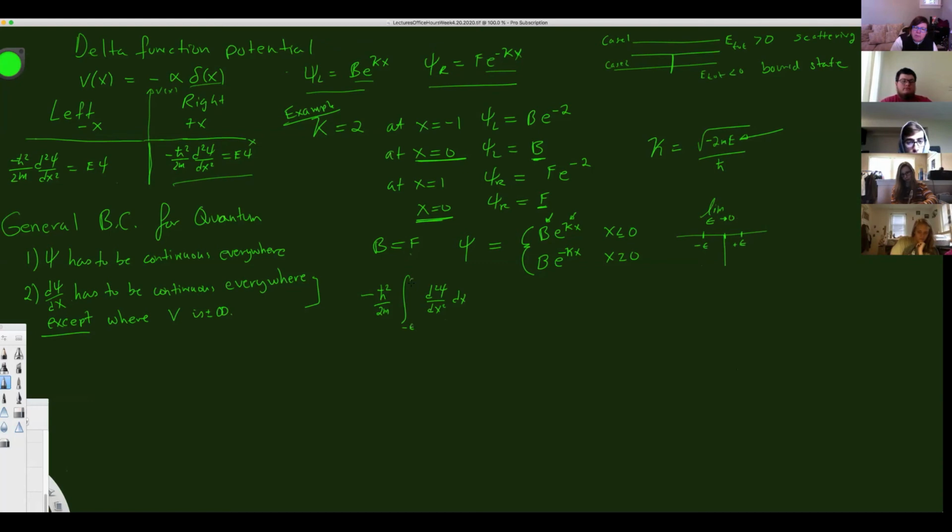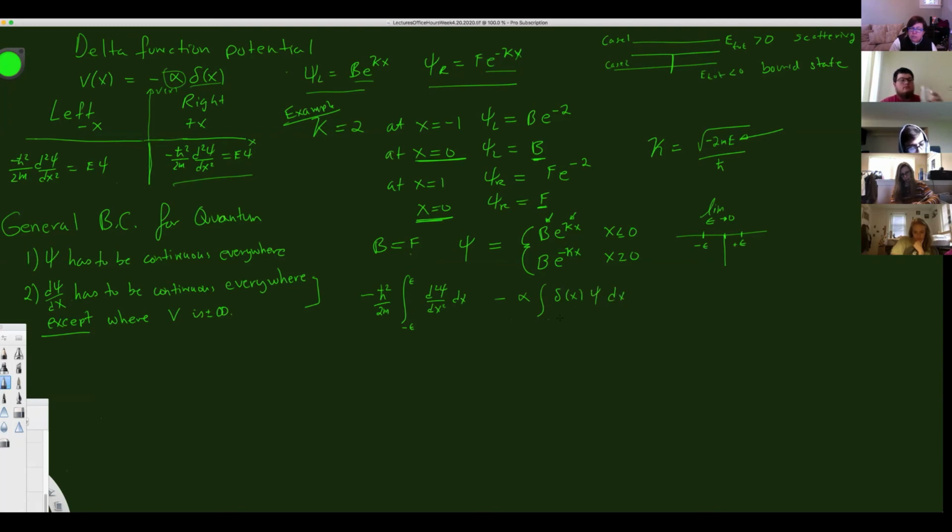I just want you to remember that in the end, we're taking a limit, which is going to help us. And then, actually, let me put in the potential, minus alpha, because alpha is just a constant here, this alpha up here. The integral of the delta function, delta x, times psi dx.